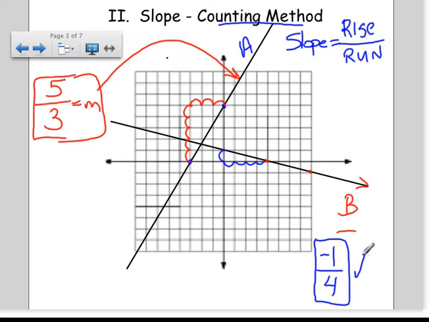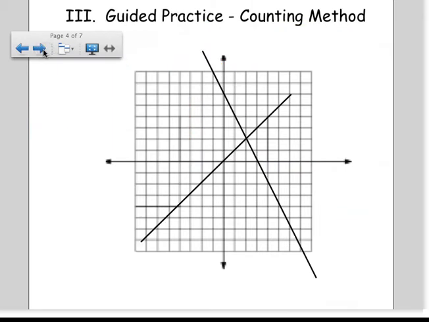Now I'd like you to try some guided practice. Please find the slopes of these two lines. This first line, we'll call line C. I'll give you a usable point: you can start at the origin and go to point 4, 4.